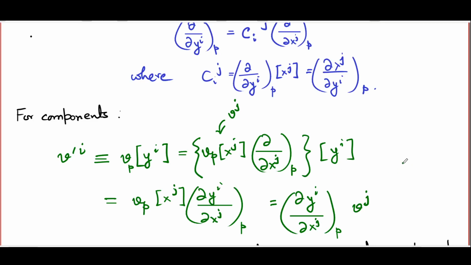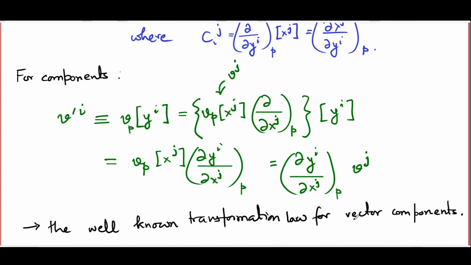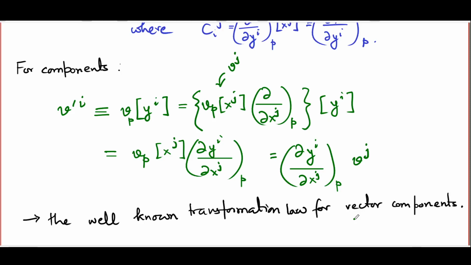Just to remind you once again, this notation here looks like a partial derivative, and it is the jth partial derivative of the function yi composite chi inverse. Be that as it may, ultimately we can write this whole expression V prime i, the components in the new coordinate system, as linear combinations of the Vj's with the coefficients being del yi del xj at p. This is the familiar transformation law for the components of a vector.